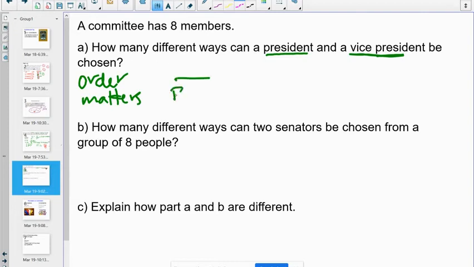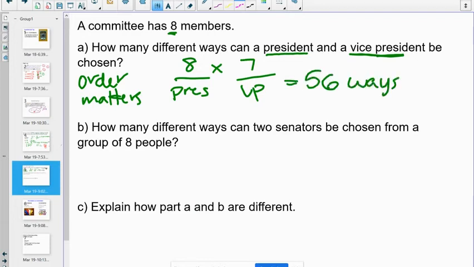So because we have a spot for pres and then VP, we have 8 total people, so we know it's going to be 8 choices for that first spot. And then for our second spot, we know there's 7 because we already picked a president. And that's 56 ways. And that's a permutation, because order does matter. We'll go more into this in the next lesson, but this is just going to be kind of a brief summarization of how to differentiate the 2.